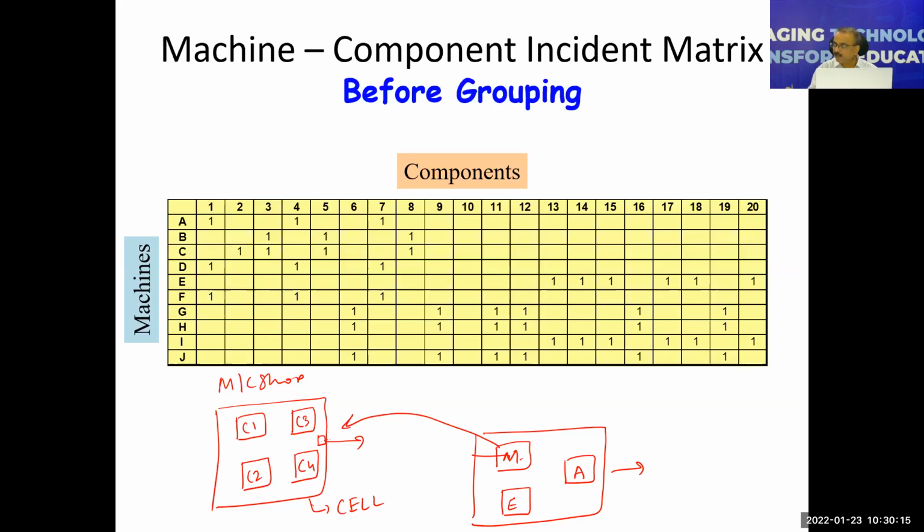So the objective here is how we can identify or form the part families. Based on that, we can form a particular cell. This particular layout is called a group technology layout, the GT cell, as we call it. So this is the formation of the group technology cell. There are a number of techniques by which we can form the groups.